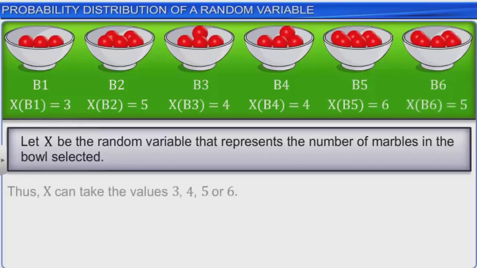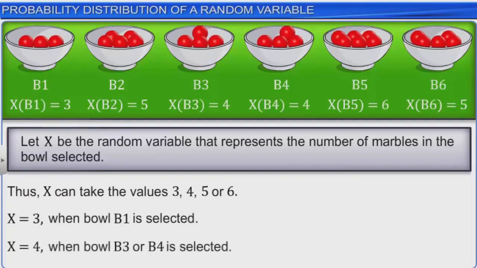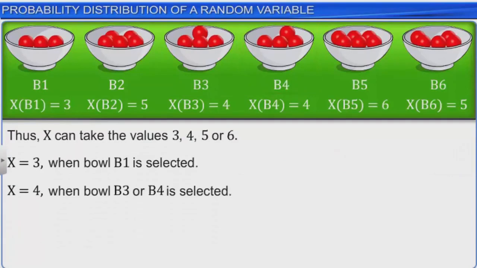Thus, X can take any value from 3 to 6 depending upon the bowl selected. Hence, X takes the value 3 when bowl B1 is selected. X takes the value 4 when bowl B3 or bowl B4 is selected. X takes the value 5 when bowl B2 or bowl B6 is selected.